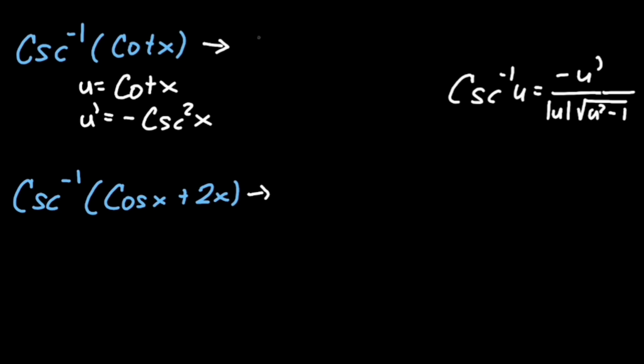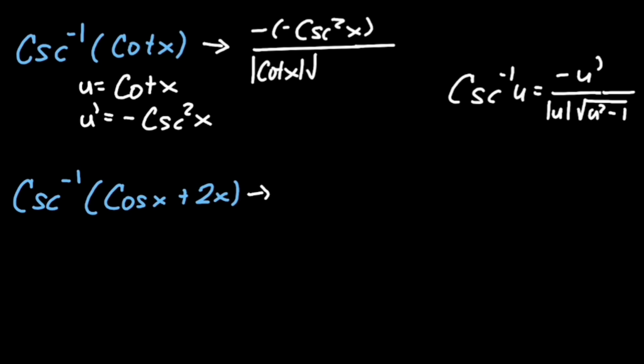Plug this into the formula, you will get negative of negative cosecant squared x over the absolute value of cotangent of x multiplied by the square root of cotangent squared x minus 1. You can cancel these out because it's two negatives and you will get a positive cosecant squared x.